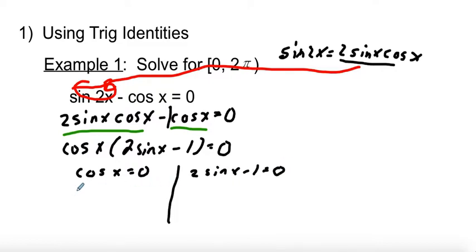So where is the cosine of x equal to 0 on the unit circle? Oh yeah, cosine is 0 at two spots. It's there at pi over 2 and 3 pi over 2. Now over here I can solve this. I can add 1 and divide by 2, so I can solve for sine x.